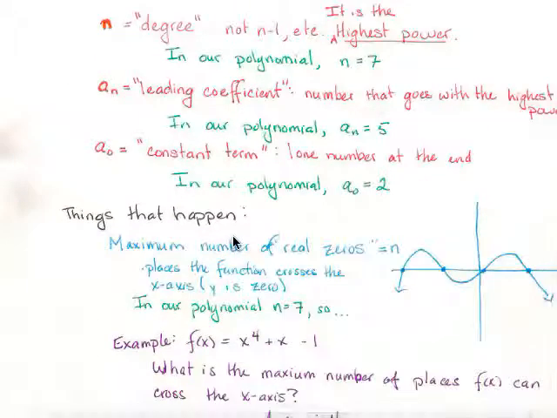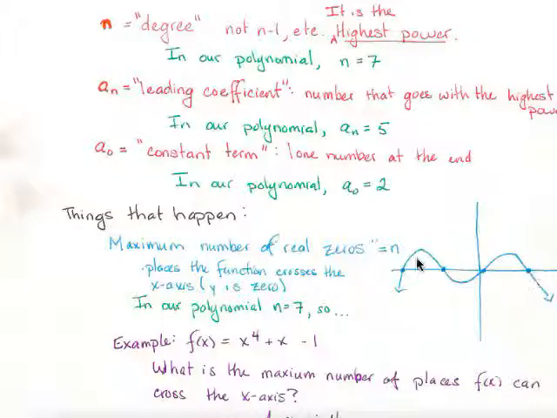So what this is really telling us is that it can't cross the x-axis any more than 7 times. At absolute most 7. It could be less, it very likely will be less, but it won't be more than 7. So for this blue drawing that I have here, it only crossed 4 times.